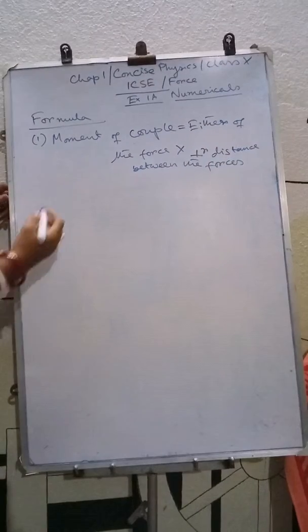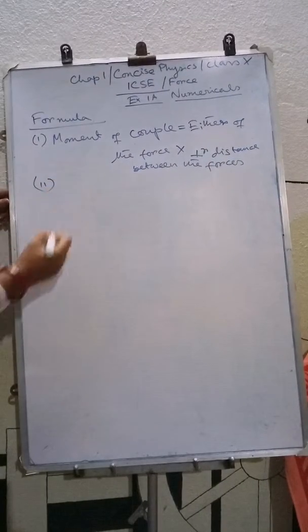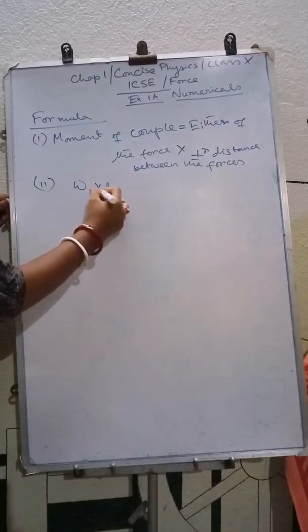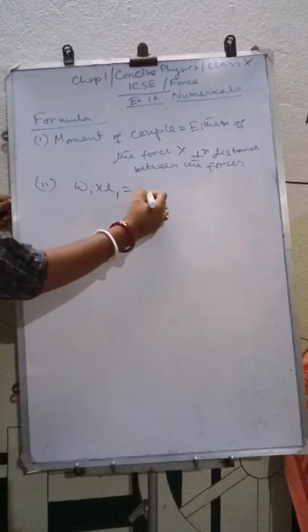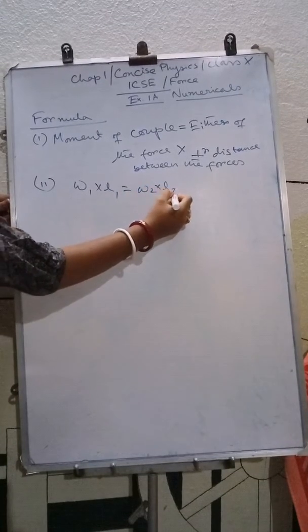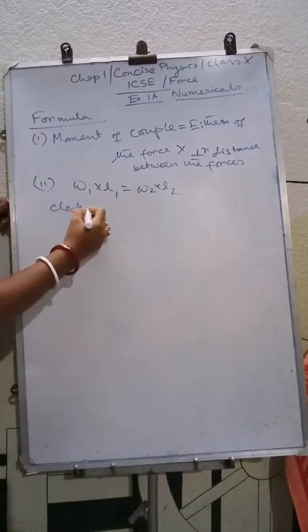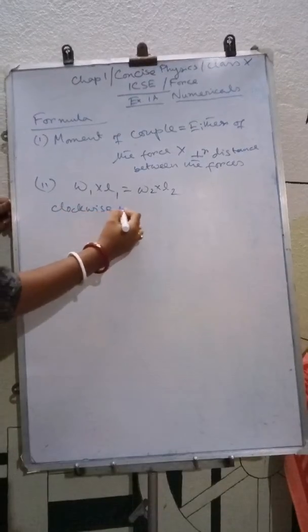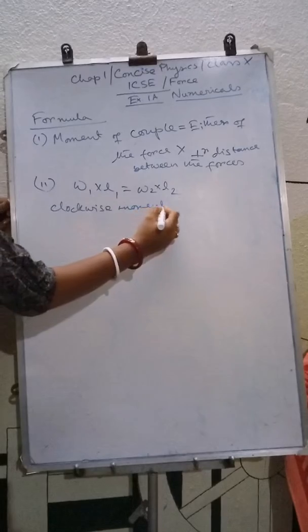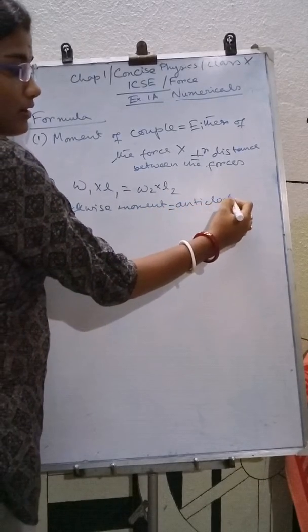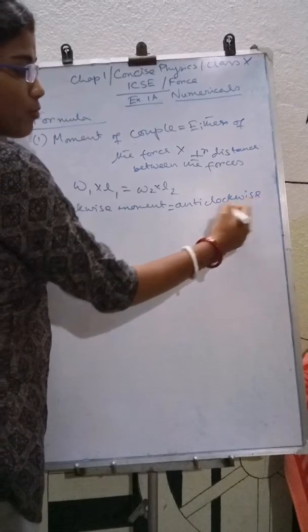And the next formula we require is W1 into L1 equals W2 into L2. That is, clockwise moment equals anti-clockwise moment.